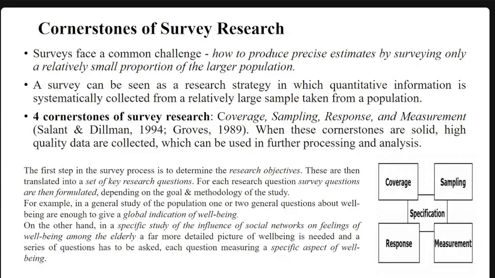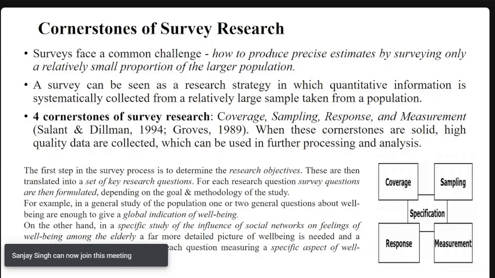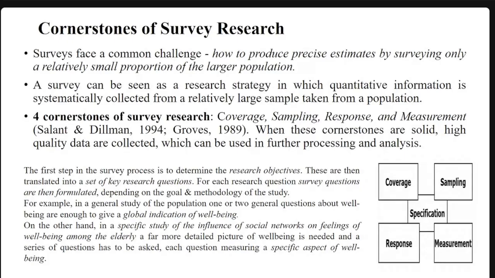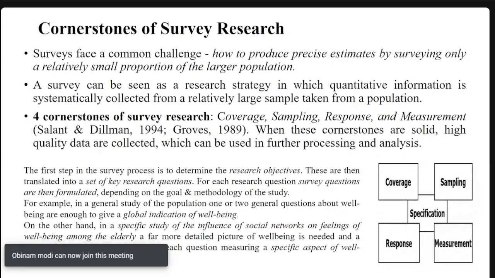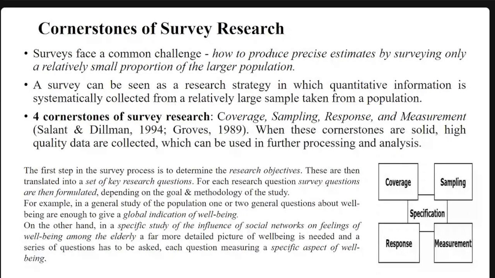That will ensure the external validity. The most important thing is that your sample should bear all the heterogeneity of the population, as I already said, so that whatever you conclude from the sample will be close to the population parameters.